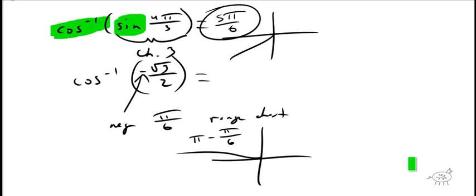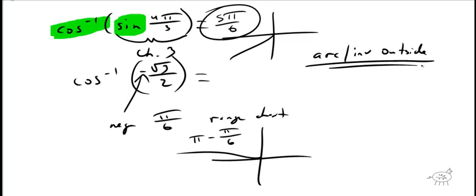All right, so real quickly, math fans, this unit right here, remember these are all problems where arc, or inverse, is on the outside. The stuff I did in the beginning was arc or inverse on the inside.